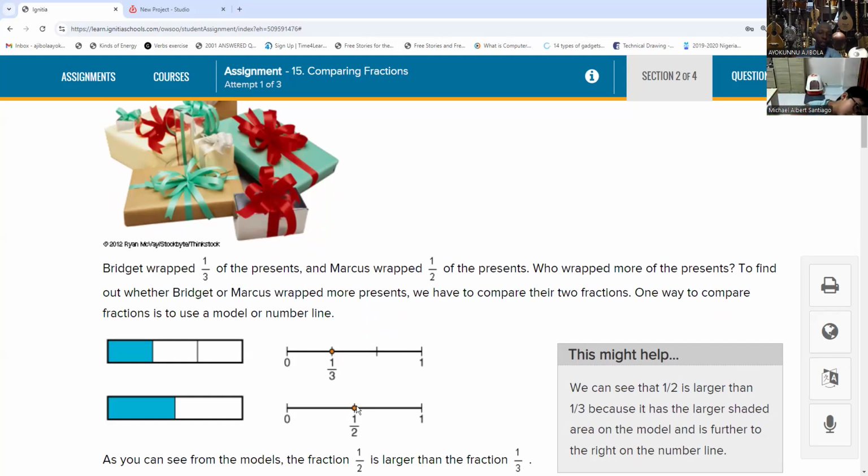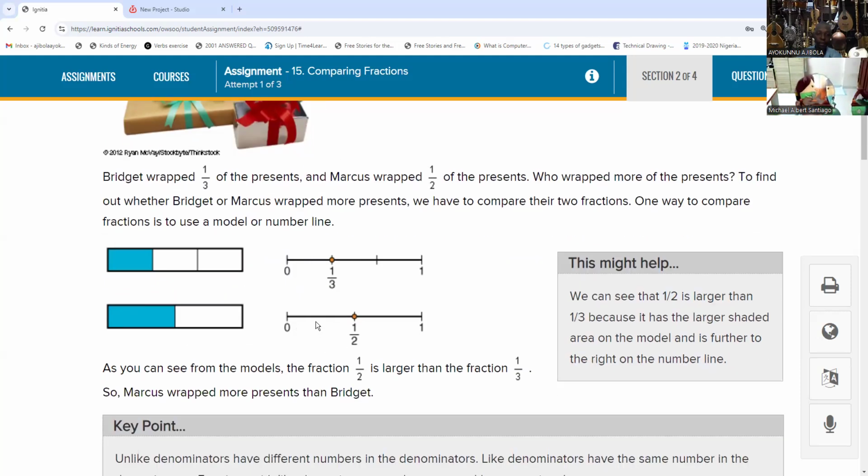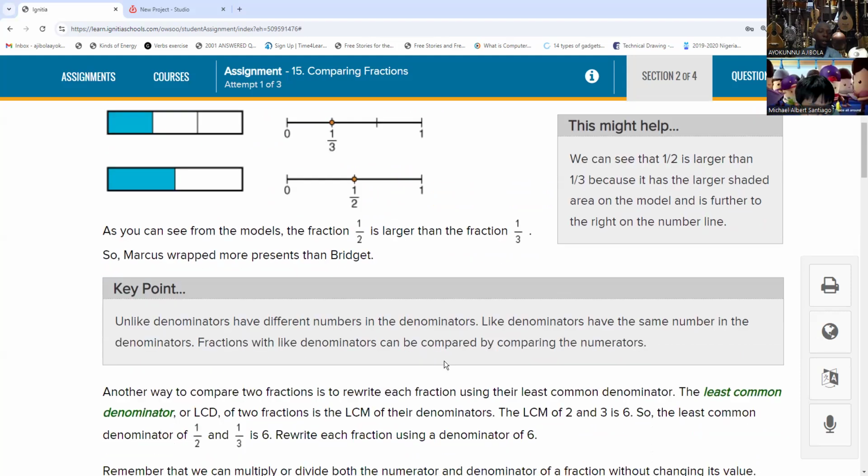Yes. You can see this 1 over 2 is longer than this 1 over 3. As you can see from the models, 1 over 2 is larger than 1 over 3. So Marcus, who wrapped half, wrapped more presents than Bridget.